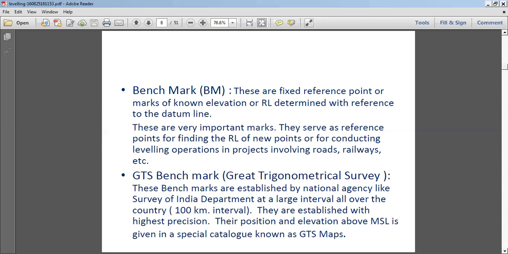It is not an easy task, and India is a large country, so it is not easy to provide a benchmark at every stage. So the GTS, the Great Trigonometrical Survey department of India, has already placed GTS benchmarks at about 100-kilometer intervals. For some important ones, they also provide benchmarks at 10-kilometer intervals.